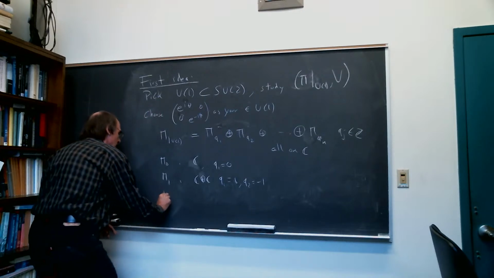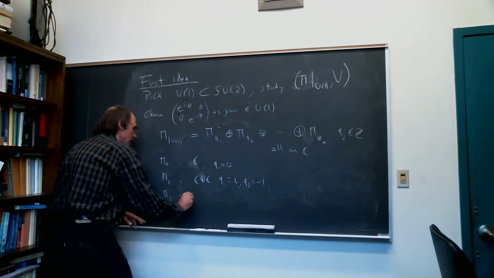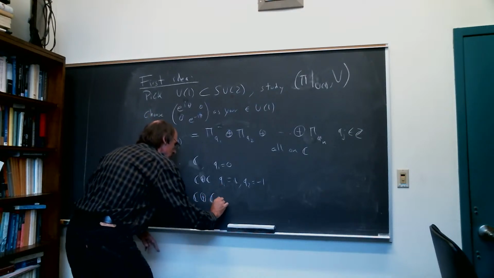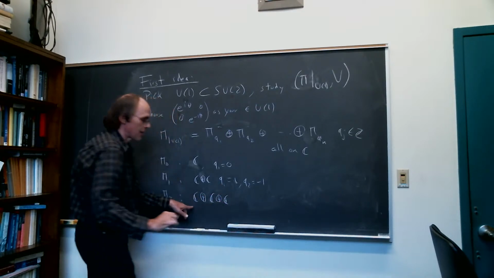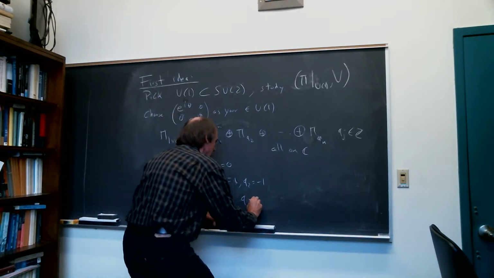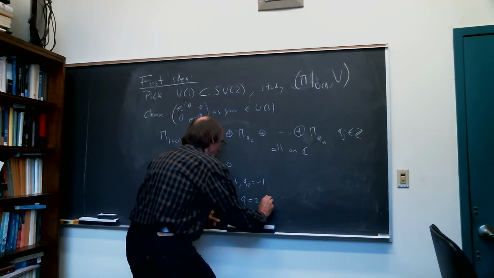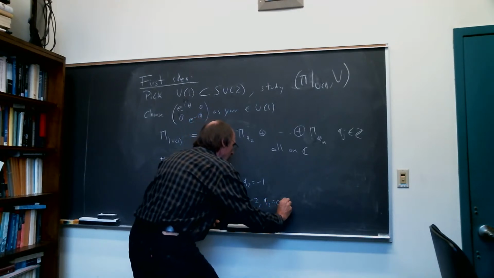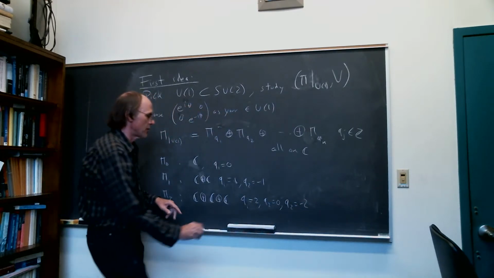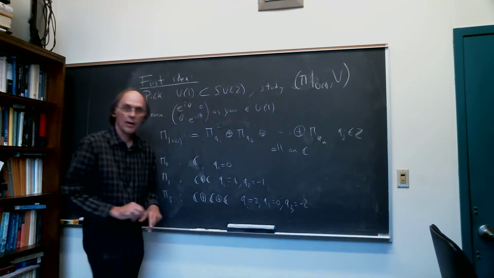And if you do this for that three-dimensional guy, you find C plus C, C plus C. It splits into three one-dimensional pieces with Q1 is 2, Q2 is 0, Q3 is minus 2. Right. Okay.